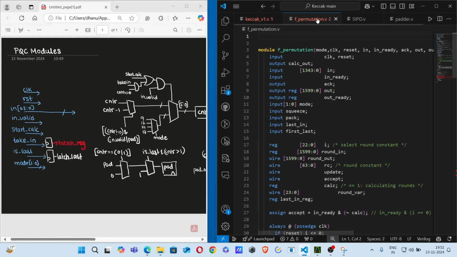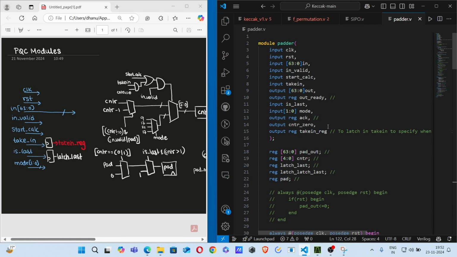This module, the padder, has clock and reset as inputs, 64 bits as input, and there is an invalid signal from the controller which is high as long as the data at the input is valid. Then there is a start calc signal which is a pulse when every new instruction comes into this Keccak core. Then there is a take-in.